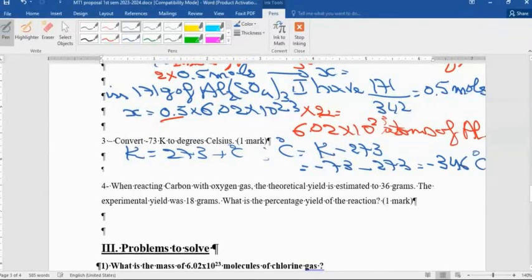In the previous semester, so many students had problems. Why? Because they think that minus 73 Kelvin does not exist, so they change it to 73. Why does minus 73 Kelvin not exist? Because I cannot reach absolute zero, and absolute zero is 0 Kelvin.